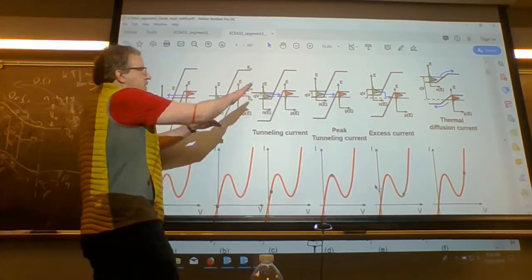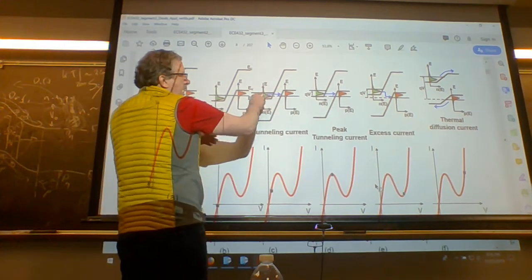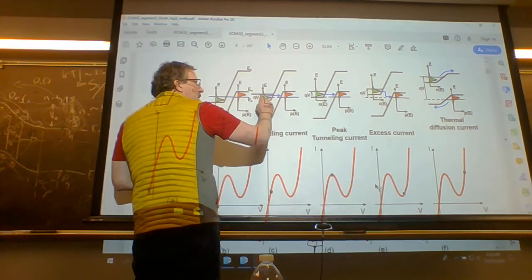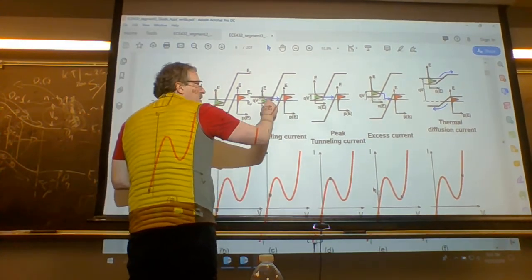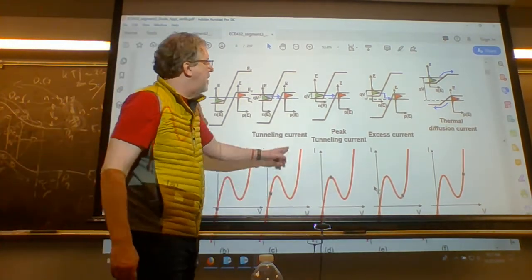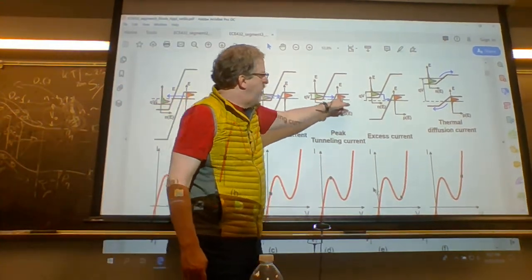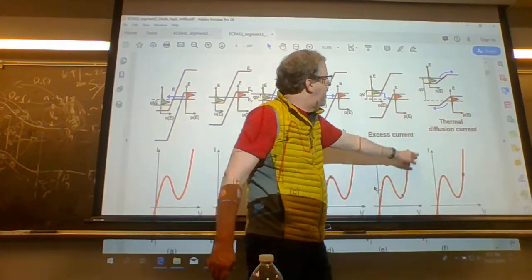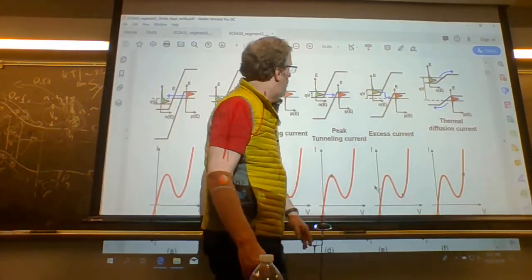And so as this goes, the two keyholes align. This is available carriers. This is empty states. So I have available carriers opposite empty states and a small distance in between. So I get tunneling, quantum mechanical tunneling. Tunneling starts to detune, goes through a valley, and then eventually the forward bias diffusion current kicks in.